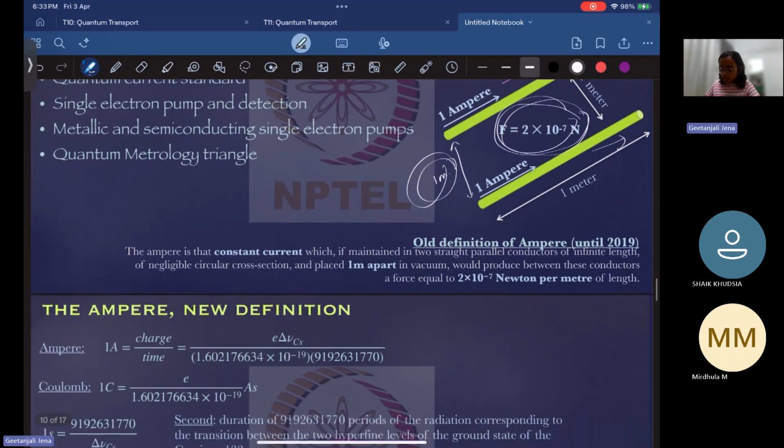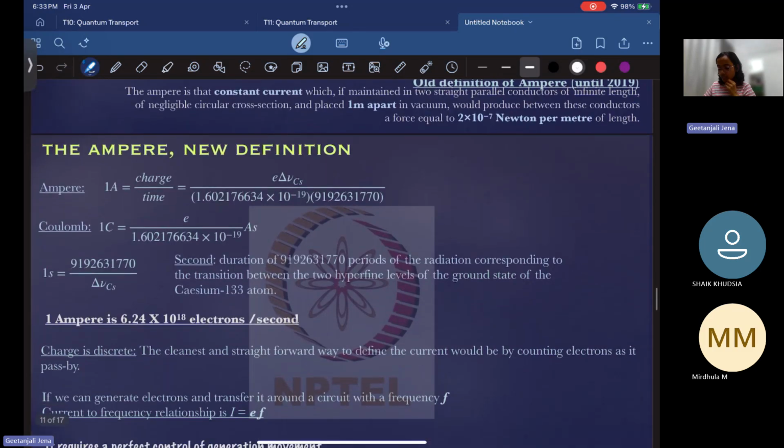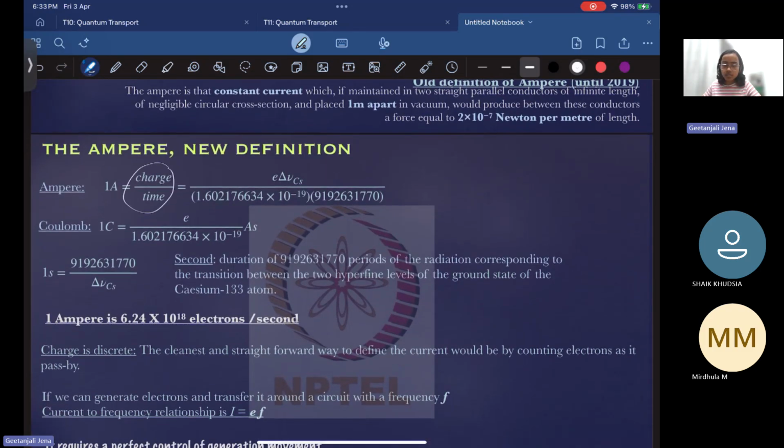So for that, what has been done is that after 2019, the ampere is defined as a ratio of charge per unit time. So how many charges are flowing across a junction for a given time or for a given frequency. Okay, so these are the charge definition. I'm not going into the details, and this is the Coulomb definition.